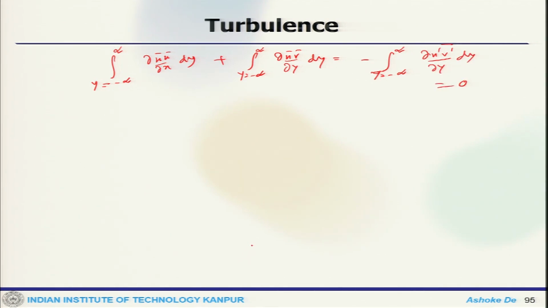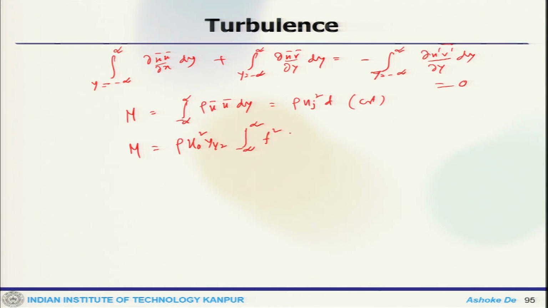Now, the streamwise momentum flux is conserved. So, we get M as the integral from minus infinity to plus infinity of rho u bar squared dy, which is u j square d, which is constant, and M equals half integral from minus infinity to infinity of f square dxi equals a constant.